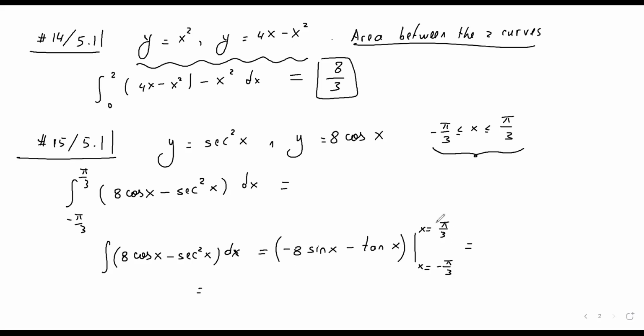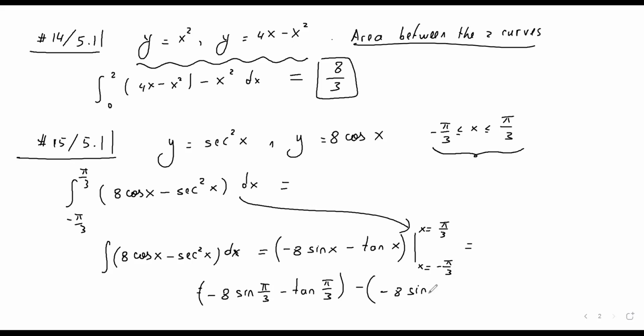Evaluate these numbers for the integral, by the way, folks. So we will get negative 8 sine of pi over 3 minus tangent of pi over 3, minus, and then we'll have negative 8 sine of negative pi over 3 minus tangent of negative pi over 3. And guess what? I know what these numbers are.